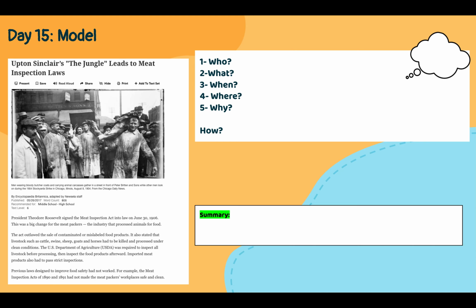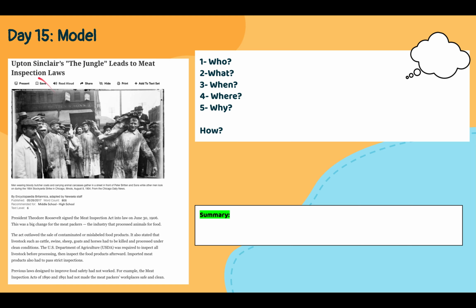And here is an article that I found about Upton Sinclair's The Jungle. We're going to be reading this section here, and we're going to model the who, what, when, where, why, and how, and then create a summary.